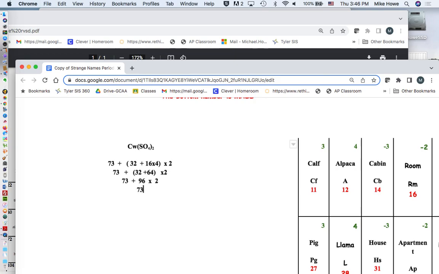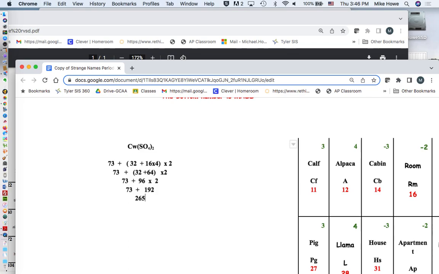So I'd have 73 plus 192. 73 plus 192 would be 200, let's see, 73 would be 70 and 2, so 190 and 70 is 260, and then 5 more, so it'll be 265.